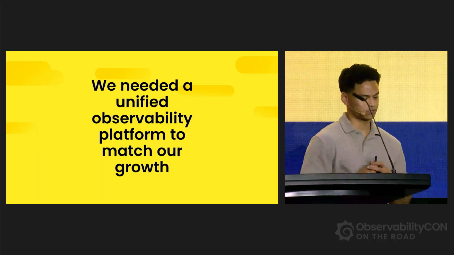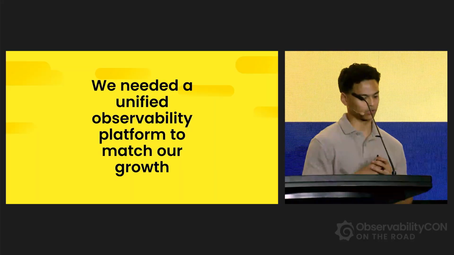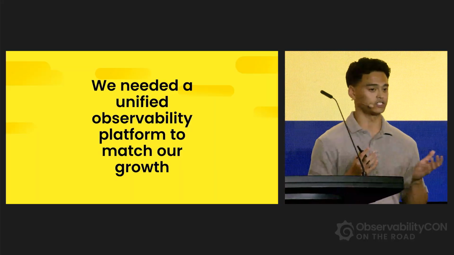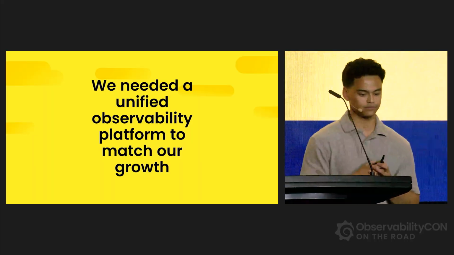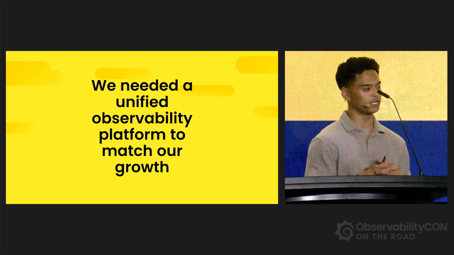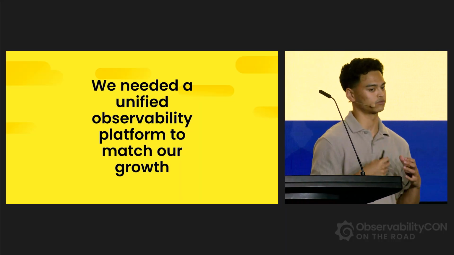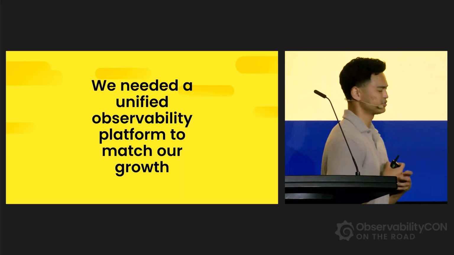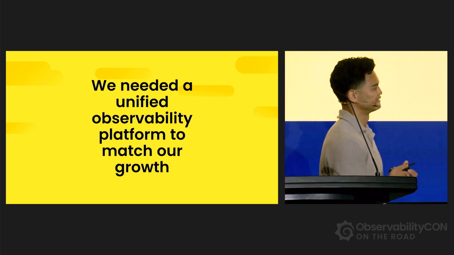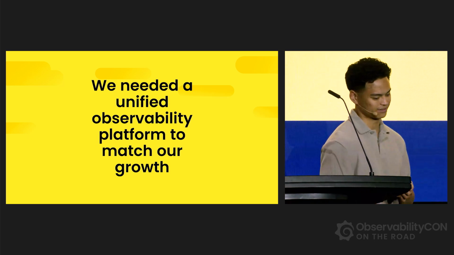It wasn't just to replace tooling. The goal was to create a more cohesive observability experience for our engineers and production support teams. We also wanted to move from a reactive state to more proactive operations. It's not a good look when the client's notifying you that your system's down, so we definitely wanted to get on top of that.